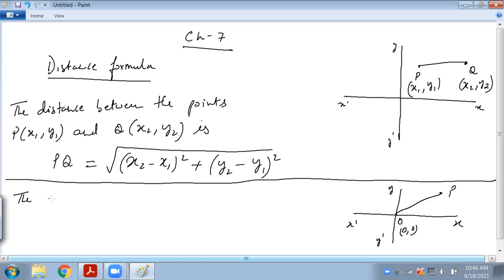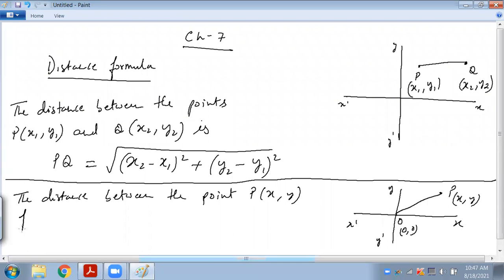The distance between the point P (x, y) and the origin O, whose coordinates are (0, 0), is given by OP, and it will be what?